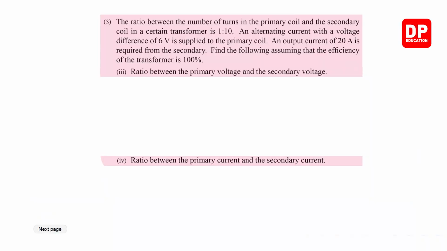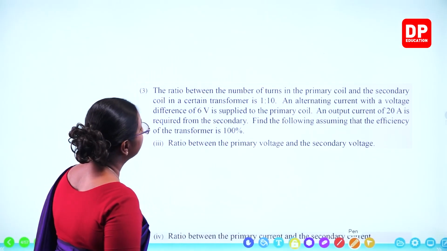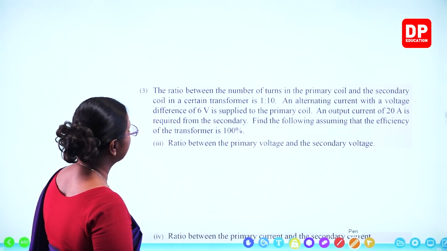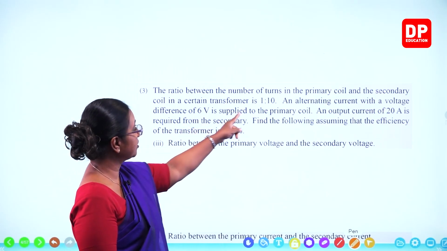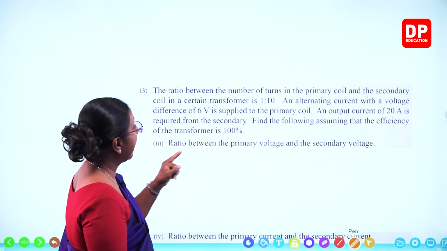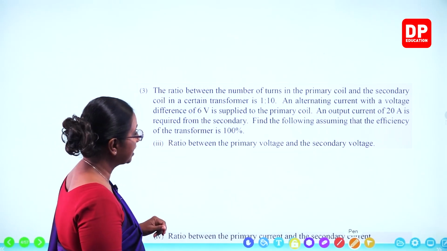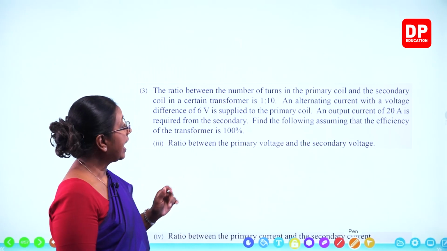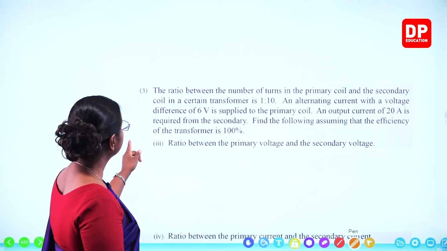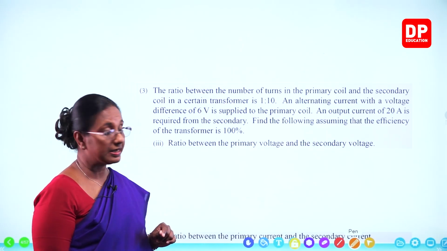Question number 3, the third part is given to you. The same question number 3: the ratio between the number of turns in the primary coil and the secondary coil in a certain transformer is 1:10. An alternating current with a voltage difference of 6 volts is supplied to the primary coil. An output current of 20 amperes is required from the secondary.